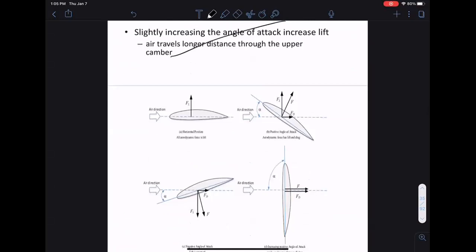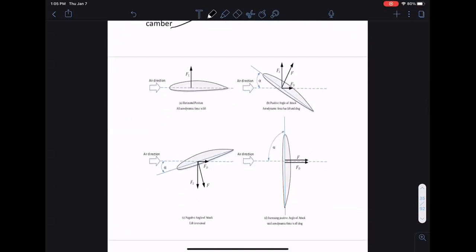So this shows a picture of different angles of attack. You can get negative lift. You can get negative lift because if you have a negative angle of attack, it's possible to generate force downwards compared to upwards.